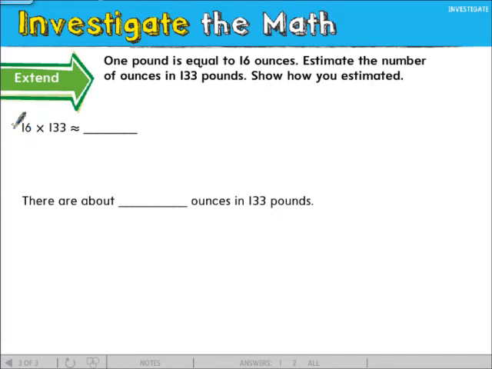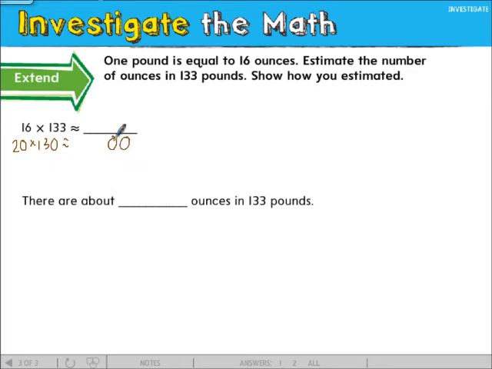If I said to the nearest 100, it's going to be 0. Okay, so 16 rounded to the nearest 10 is going to be 20. Times 133 rounded to the nearest 10. 130. Which is going to give me an answer that's about how many zeros am I going to have? 2.